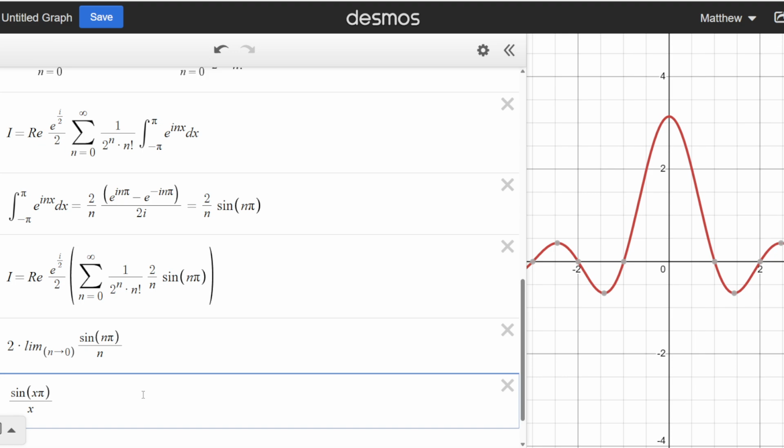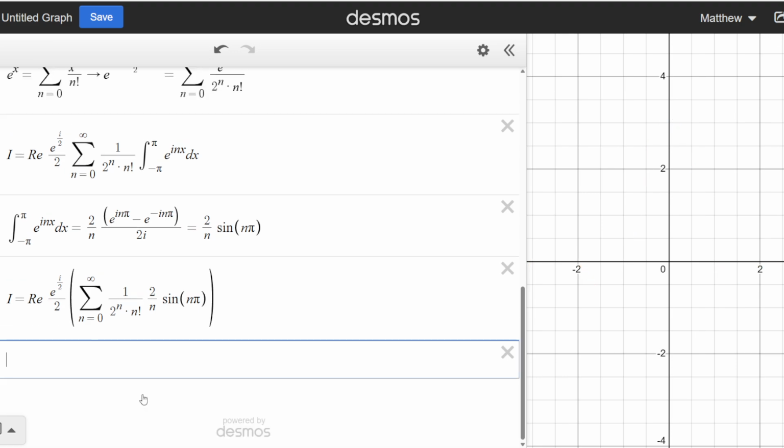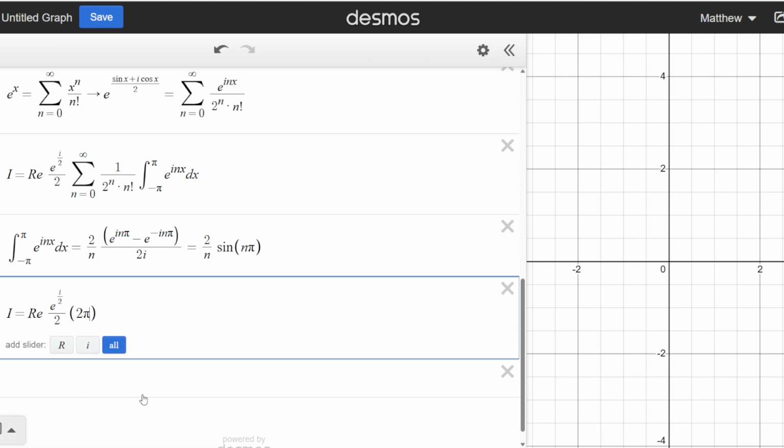As n goes to 0, you just get pi. So what did we just say? Every single term except the n equals 0 term is 0, and that term is just going to be 2 pi. This whole thing right here is nothing but 2 pi.